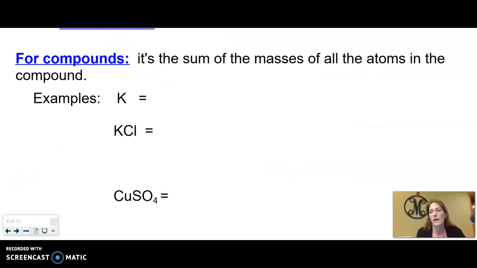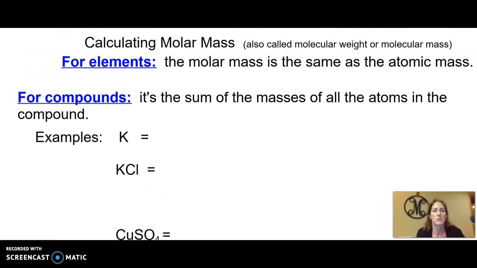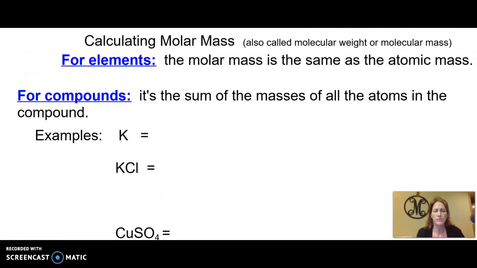All right, so now we are going to calculate molar mass, and I'm going to move my screen up here. I'm going to run through a few of these with you. You're going to need your periodic table handy, and we're going to calculate the mass of 1 mole of each of these different substances here on the screen.